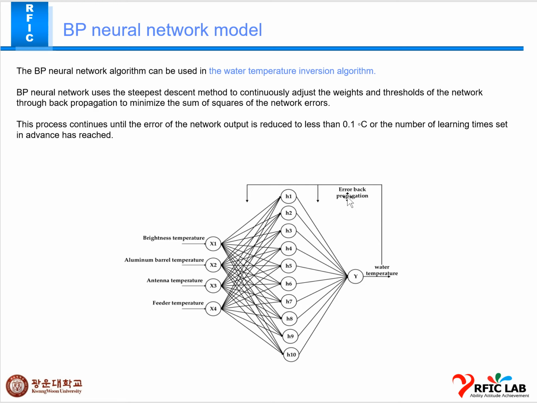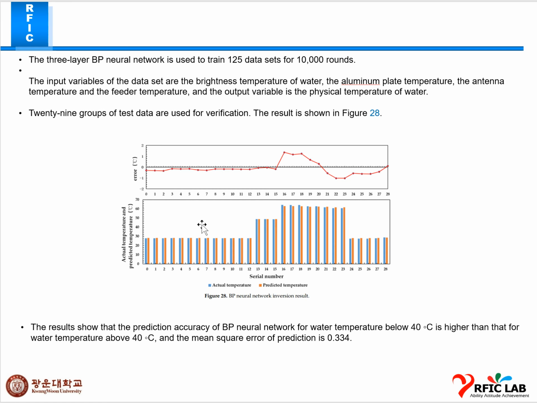As I mentioned before, the error back propagation method minimizes the sum of squares of the network error. This process continues until the error of the network output is reduced to less than 0.1 degree Celsius, and the preset learning time has been reached.